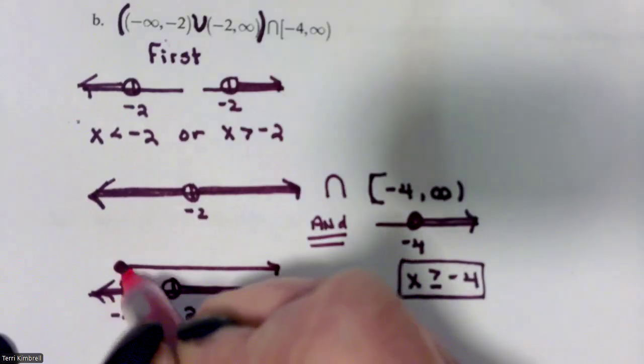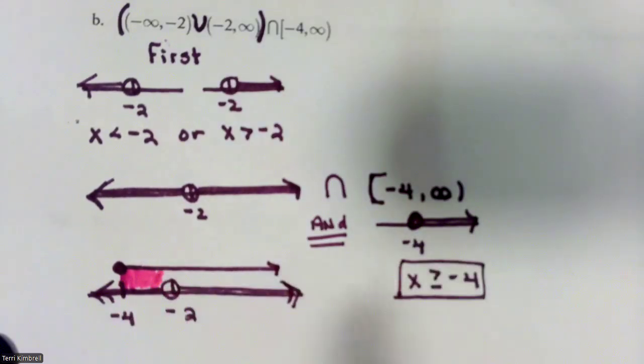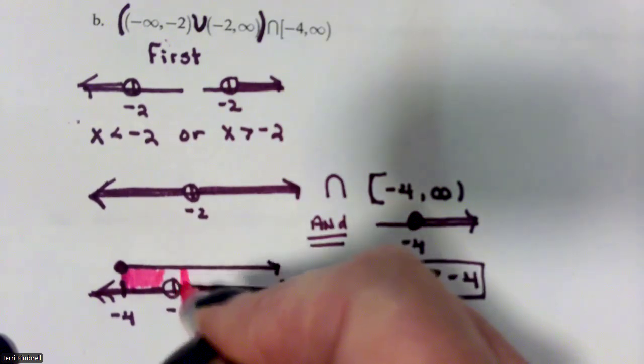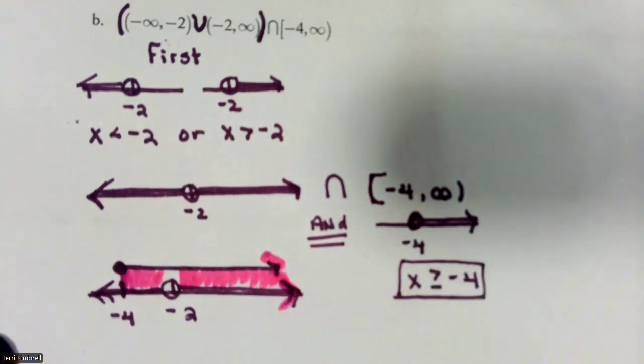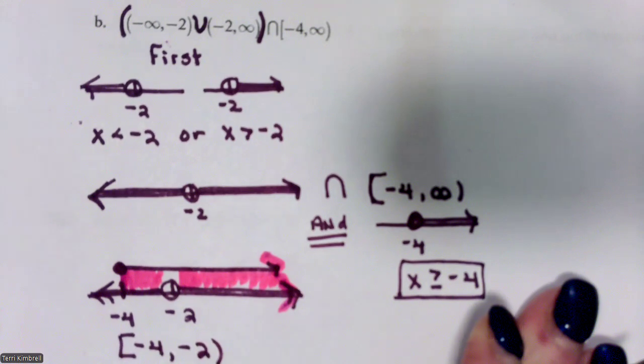So they would have from this point over, but this one doesn't share -2. And then it would have an overlap from this point, and they both have arrows, which means it continues. So if I'm putting that in interval notation, this would be a bracket on -4, a parenthesis on -2.